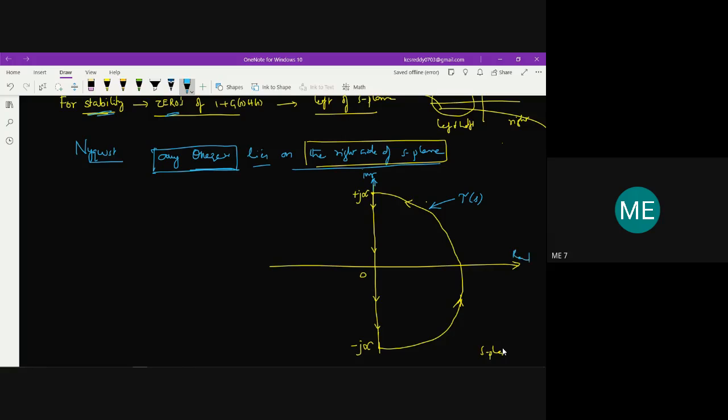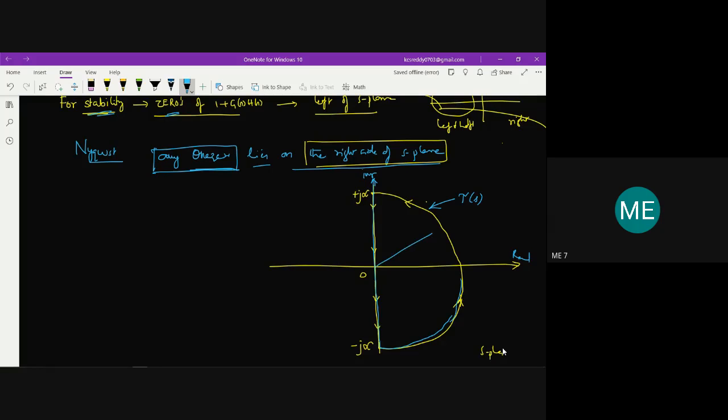So this is studied from plus j infinity to minus j infinity, and it has to be continued first like this along the imaginary axis, then it has to end, I mean close this path exactly where it started, with the radius of infinity.